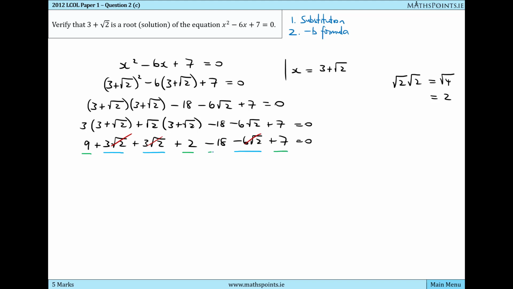And 18 minus 18 is also 0. And so they all cancel. And what we're left with is that 0 equals 0. And then make sure at the end we write down, therefore, 3 plus root 2 is a root or a solution to this equation.